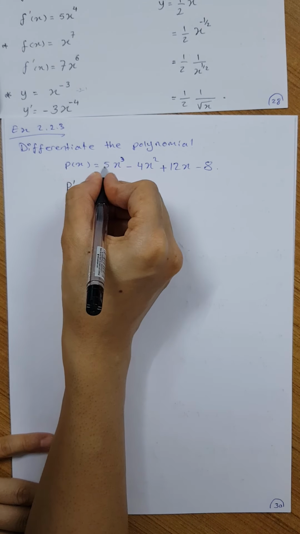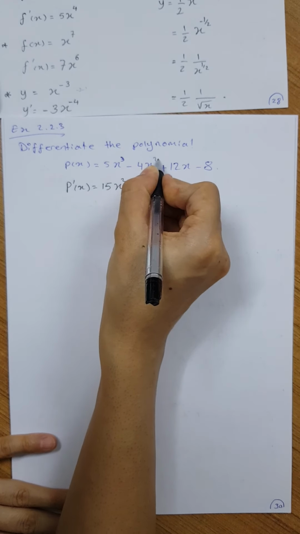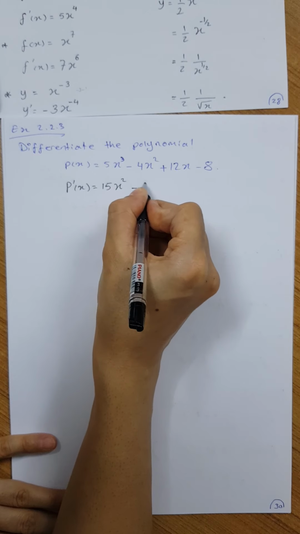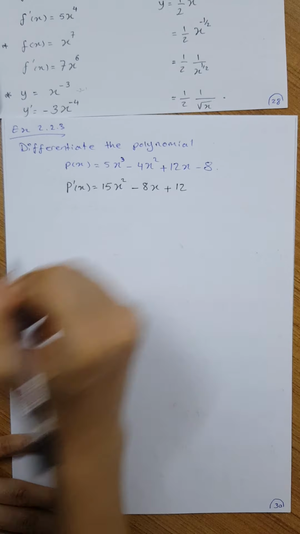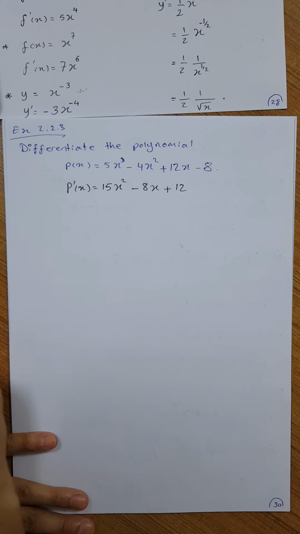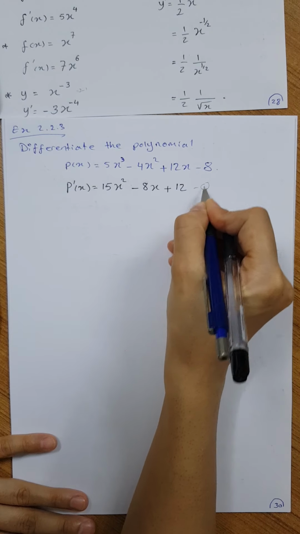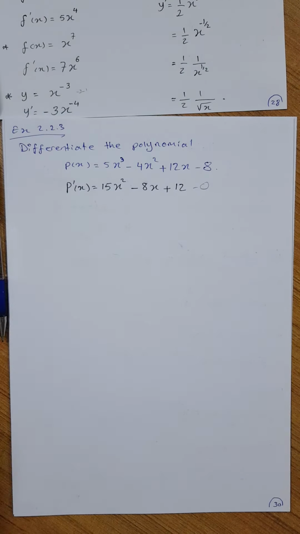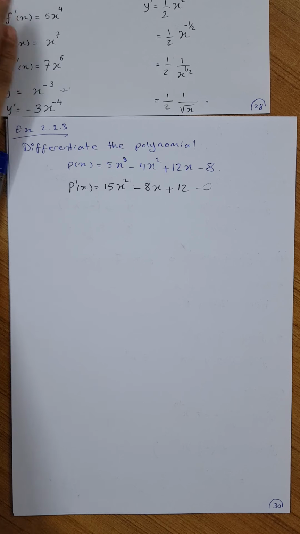That 3 comes in front, multiplied with 5, that would be 15x squared. 2 comes in front, multiplied by 4, that's equal to minus 8x. Plus 12x, the derivative of it is equal to 12 and the derivative of this one is equal to 0. Of course, taking the 0 away, you will get 15x squared minus 8x plus 12 as the solution, or as the differentiation part of that example.